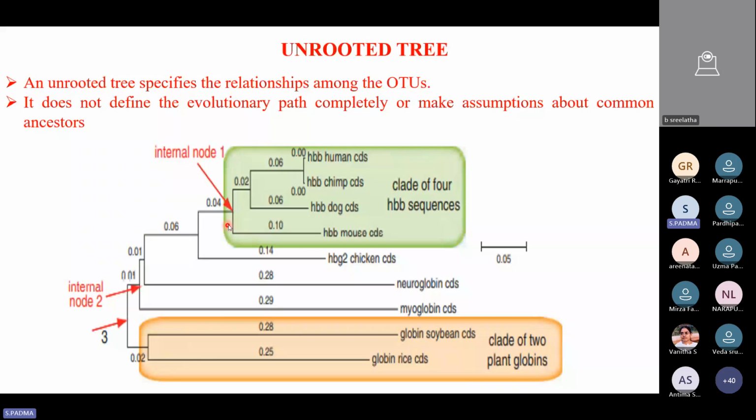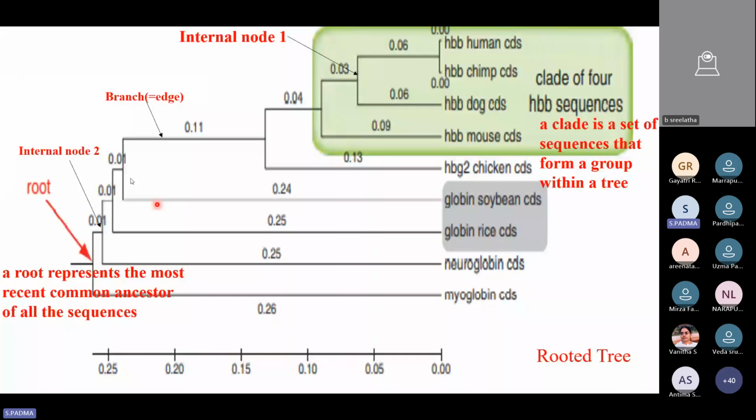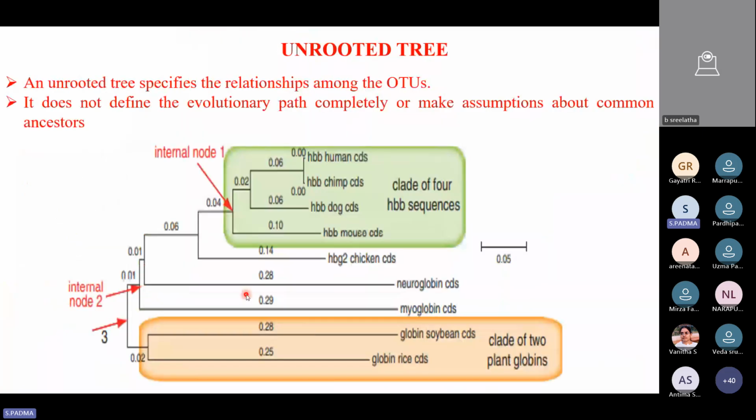Whereas in the case of a rooted tree, you always have a common ancestor. So a rooted tree will try to identify the evolutionary relationship, whereas an unrooted tree is just giving the relationship between the nodes, whether they have similarity or not. Clear?